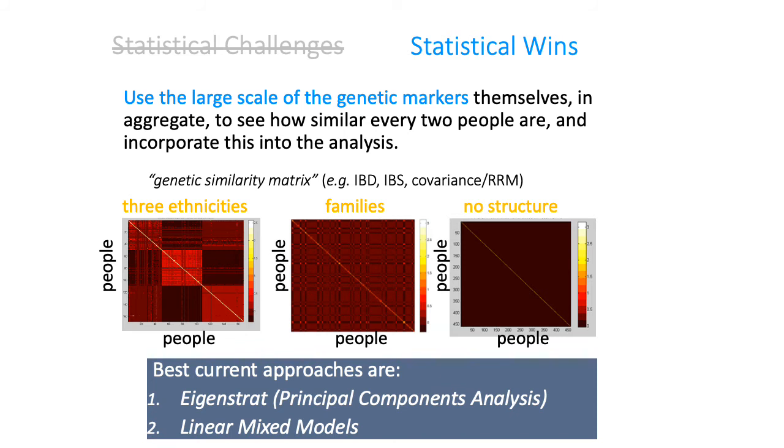Right. So a genetic similarity matrix can go by a number of different names, but essentially it's a heat map where the rows and the columns represent the different individuals in your study, and they're typically in the same order. The heat map basically tells you the correlation in the SNPs between any pair of individuals.